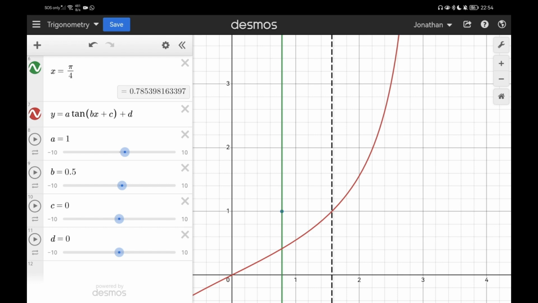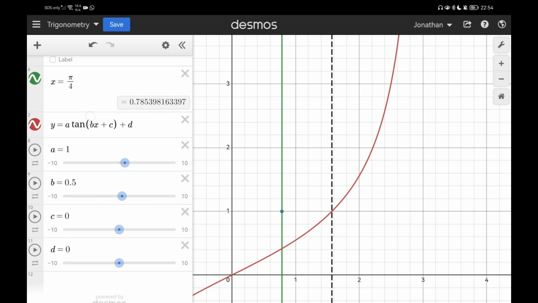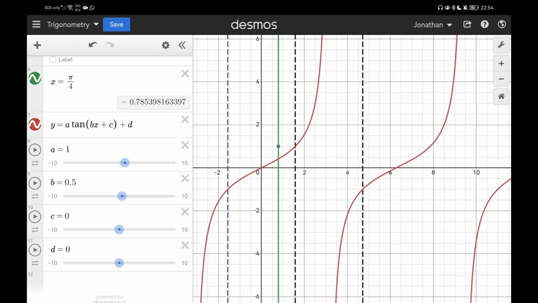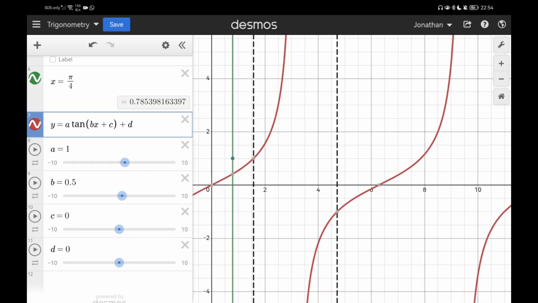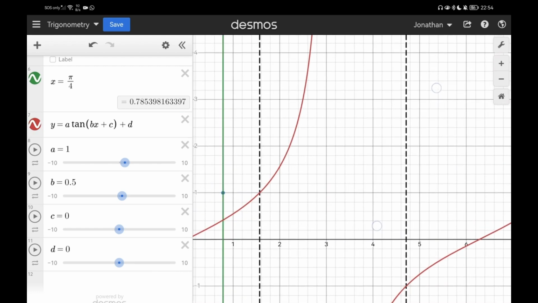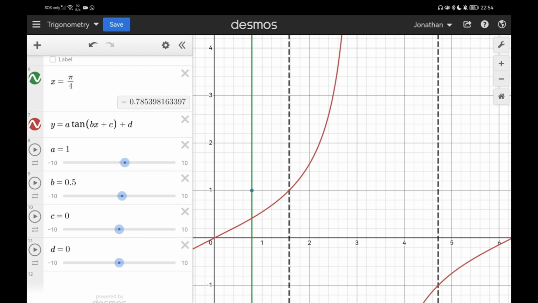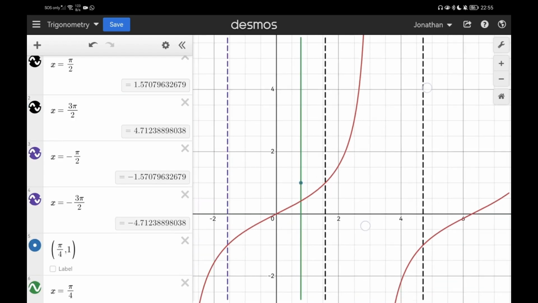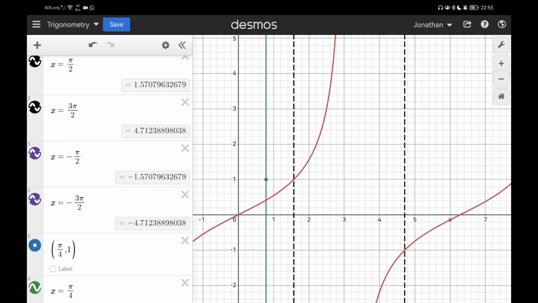So here I put b is 0.5, which means that we just need half cycle to reach 180 degree. Sorry, not 180 degree.